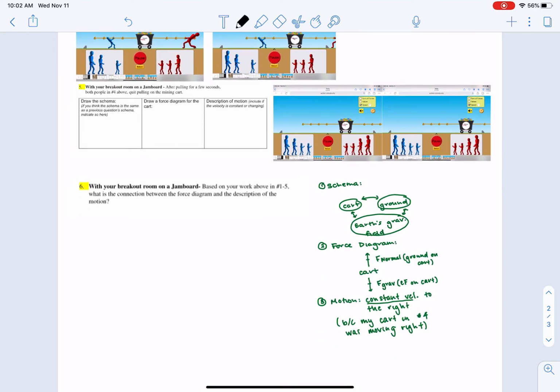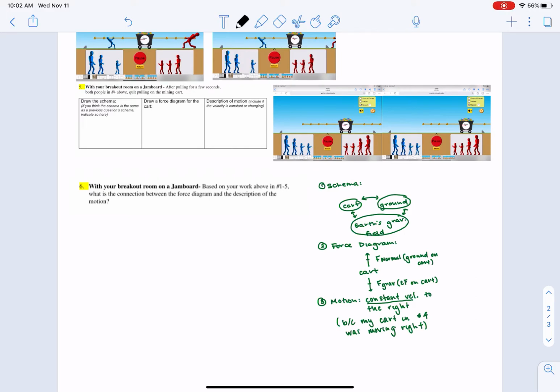And in the last one, number 5 right here in green, we have an arrow up and an arrow down, and we had constant velocity. So notice this concept of net force is key. Net force is basically like saying the sum of the forces. When we have congruent arrows in opposite directions, if you think about adding those up, they cancel each other out, and we have a net force of 0.